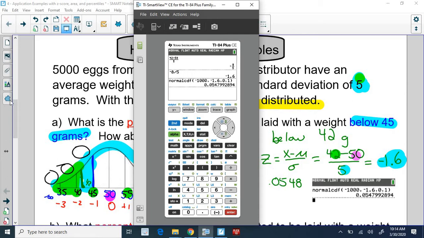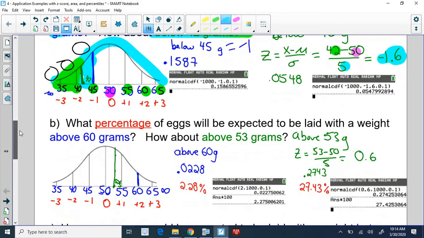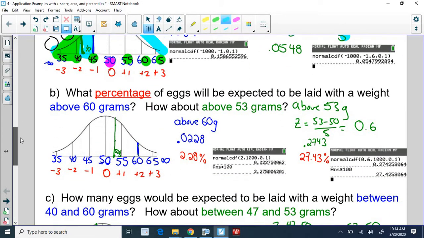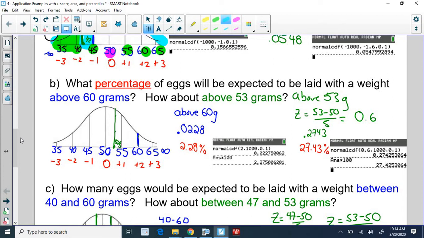0.054799 as the area. Alright, so let's take a look at percentages of things that are above. So again, you can see what I'm doing here is I have a similar situation where I have 60 grams, and 60 grams is simply going to be above the average, because the average is 50, so 60 is here. So if I want to find this amount above, you can see that's going to be a small number.